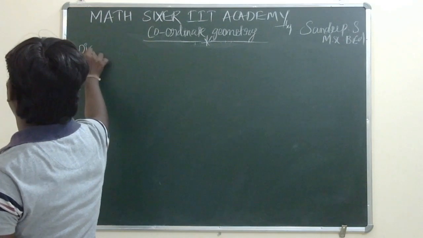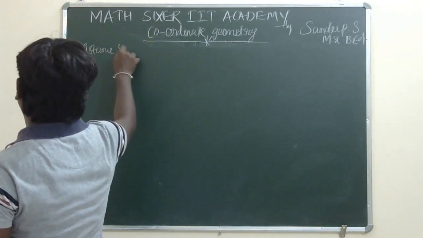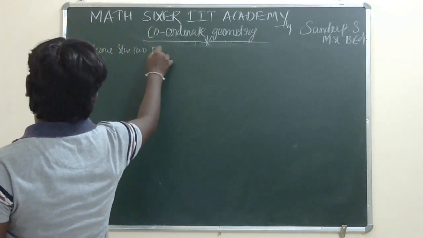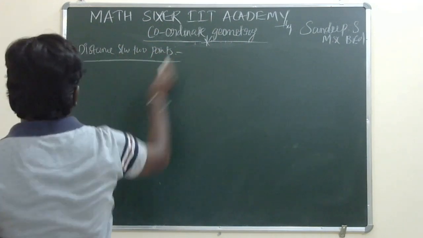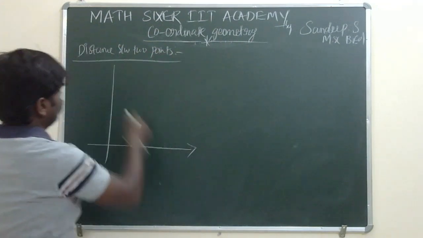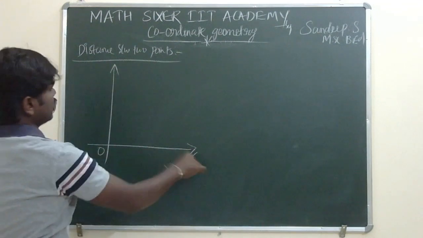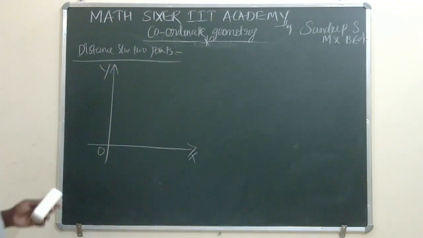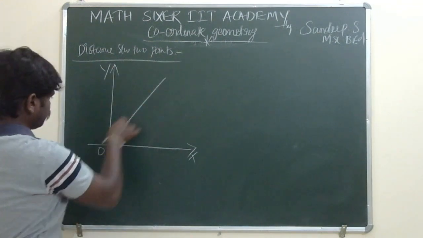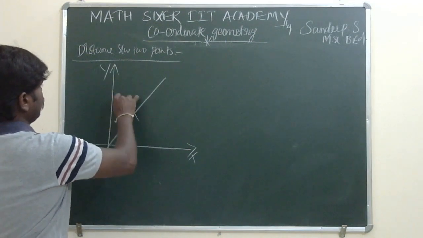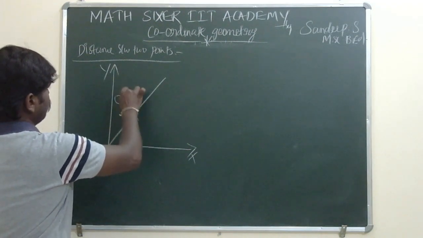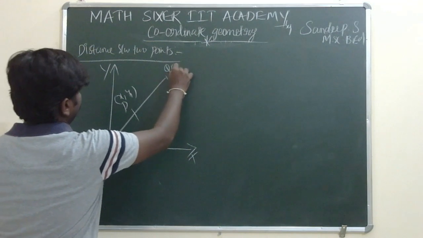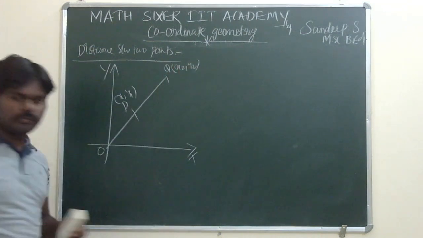So here, distance between two points. I am taking the coordinate axes OX and OY, and now we are taking 2 points. Suppose P is (x1, y1) and Q is (x2, y2).